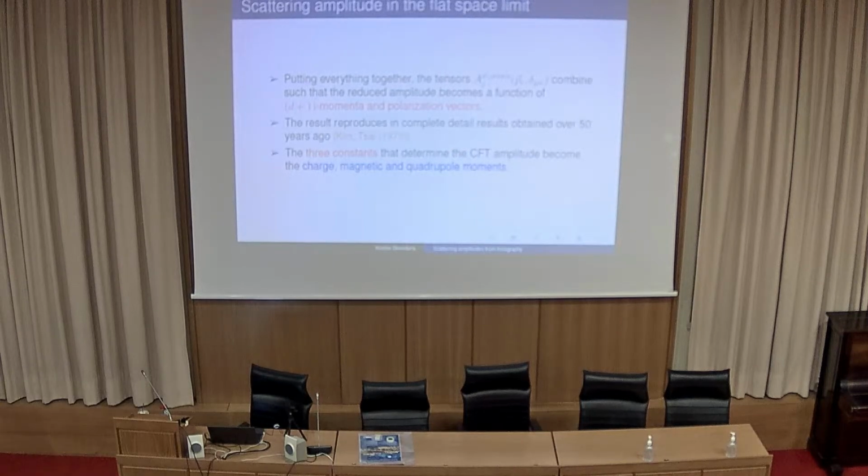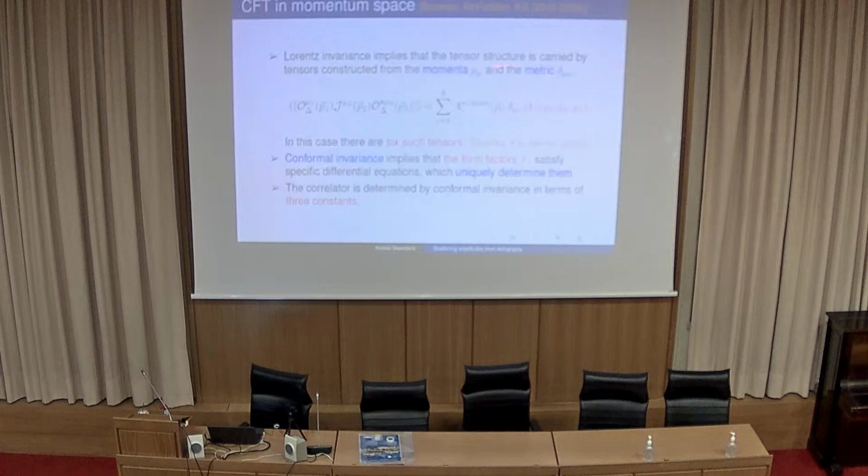The polarization vectors are related to the structure constants of the OPE? No, these are related more to the momenta and the tensors. They're not related to the OPE. This is related more to the kinematics that you get over there. And if I had another talk, I would have given more details. The polarization vectors emerge from the boundary conditions you impose in AdS, so the source part of the field.